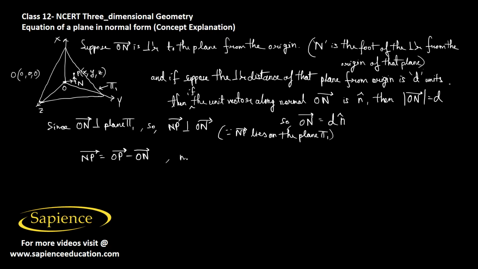Now OP vector is obviously the position vector of the arbitrary point on this plane, so we can call it r vector also.